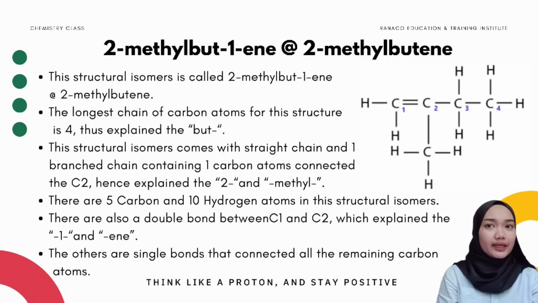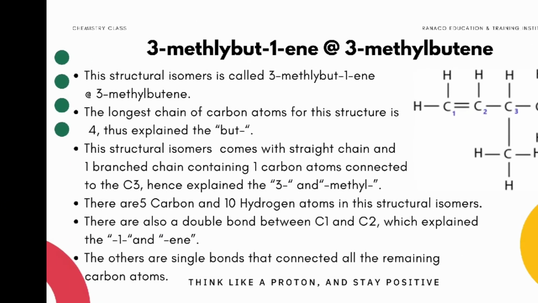Hence, this explains the 2 and methyl. There are 5 carbon and 10 hydrogen atoms in the structural isomer. There is also a double bond between C1 and C2, which explains the 1 and "ene". The others are single bonds that connect all the remaining carbon atoms.